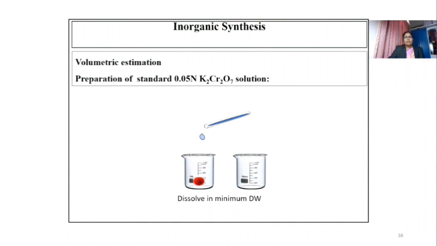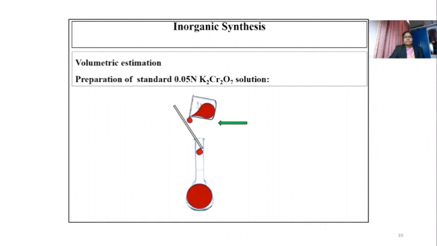transfer it in a beaker. Rinse the watch glass with a little distilled water into the same beaker and dissolve the potassium dichromate in about 50 ml distilled water. Then transfer this dissolved potassium dichromate solution into a 100 ml volumetric flask.